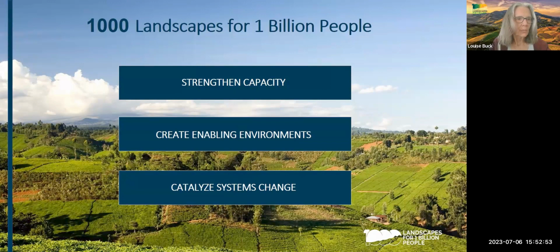And we collaborate with technical partners and with local landscape partners to co-design and test our tools and services. Currently, we have 28 active technical partners. Landscapes for Our Future is one of them. And we're co-designing with 23 landscape partnerships at the moment. Next slide, please.